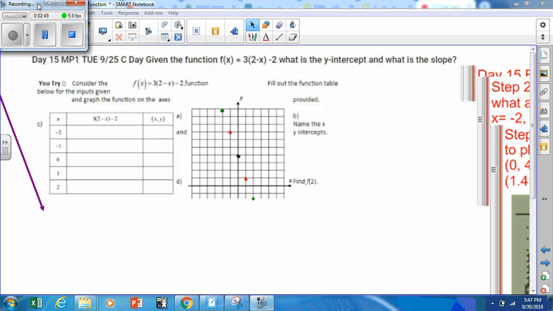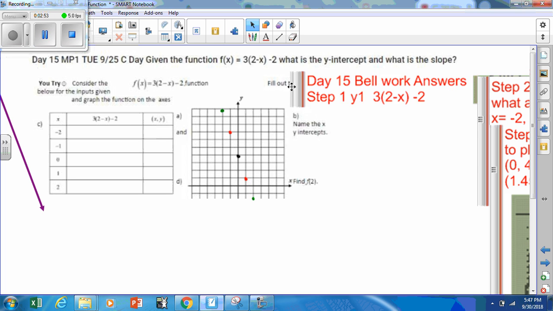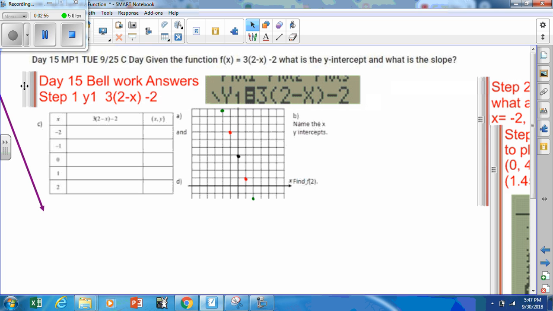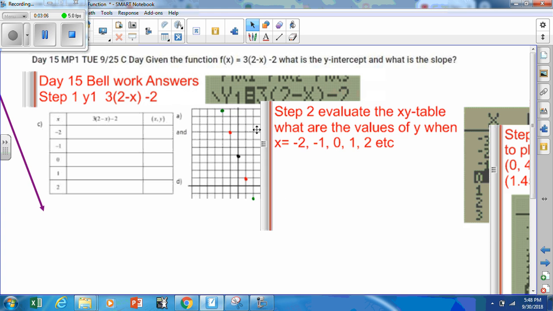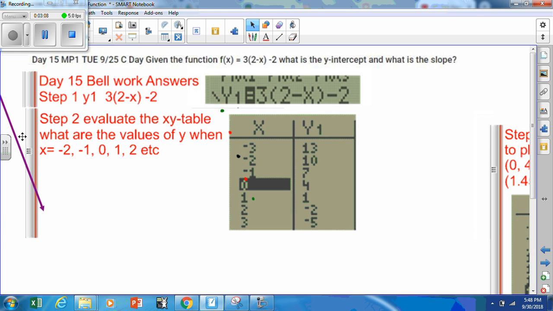Put this equation right into your y-editor. Upon putting it in your y-editor, evaluate the xy table it produces. You guys are going to see that we're going to have a value of 0 for x, and it's going to be a 4 for y. That would be what we would consider one of our intercepts.